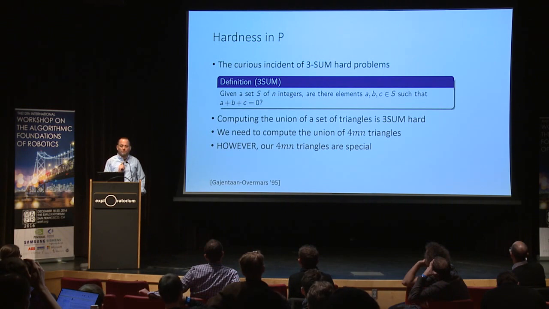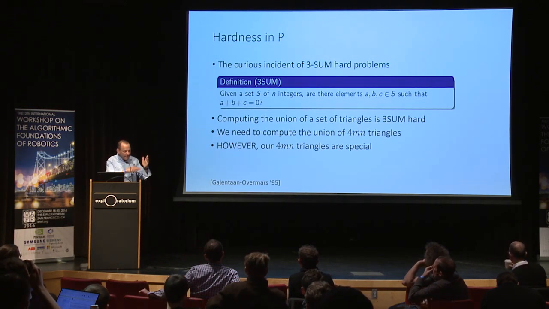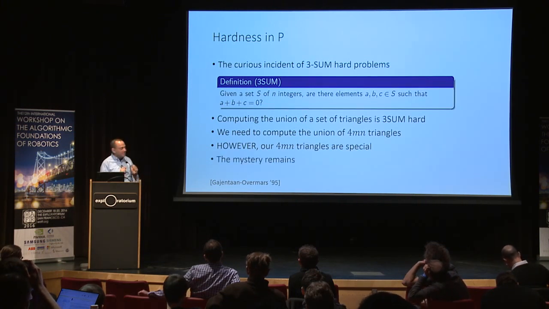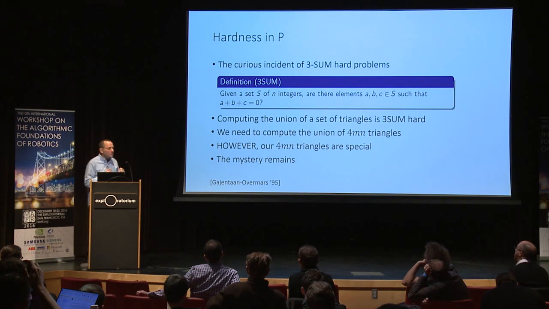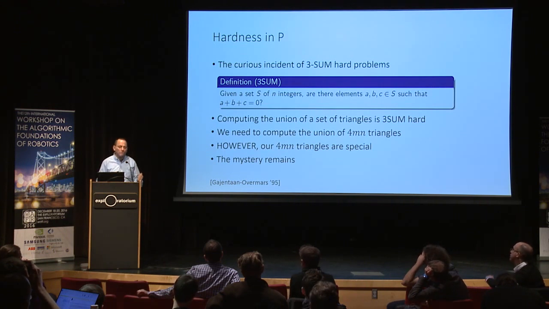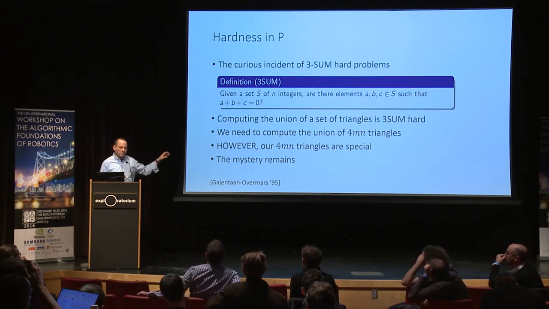These are not arbitrary mn triangles. They are like a Cartesian product of m triangles and n triangles. So in fact, the mystery is that we don't have an output-sensitive algorithm for computing the Minkowski sum, and we don't even know if it belongs to this family. It sounds as if it belongs to this family, but there's no proof of it.